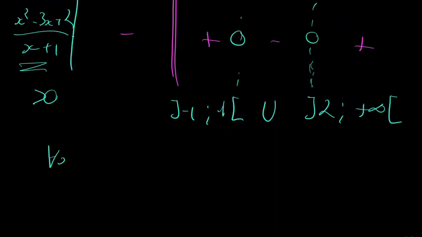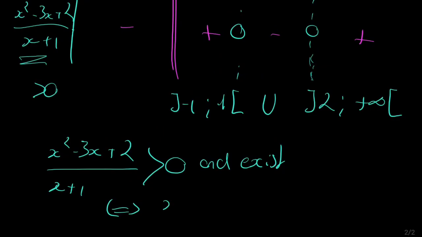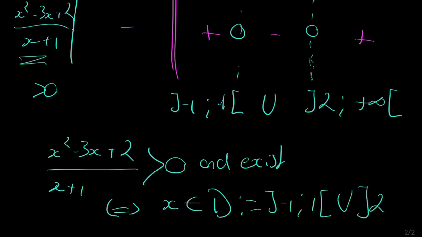And so let's say x squared minus 3x plus 2 over x plus 1 is greater than 0 and exists, is equivalent to x in, let's call it D, which is equal to minus 1, 1, union 2 plus the infinity.